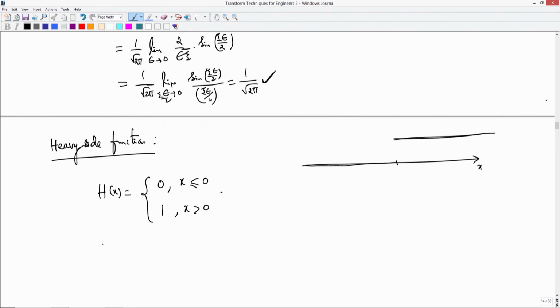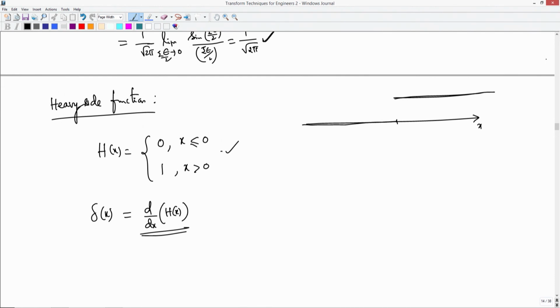What we show is that the delta function we have defined is actually equal to the derivative, d/dx, of the Heaviside function. You can see that this is not differentiable at x equal to 0, so in a generalized sense we have to define this derivative of the Heaviside function.